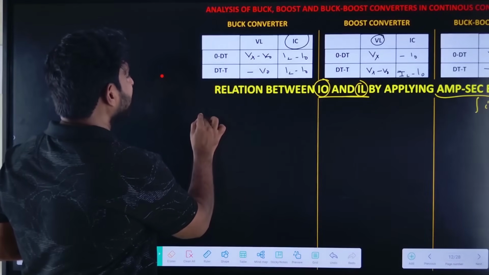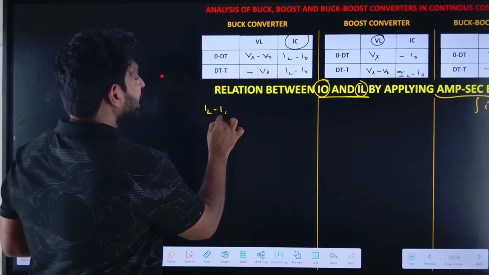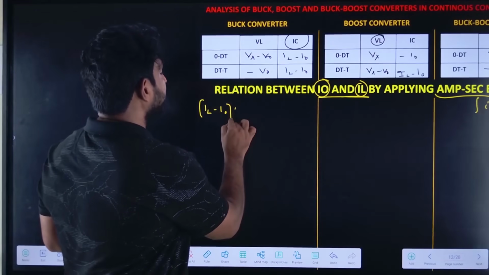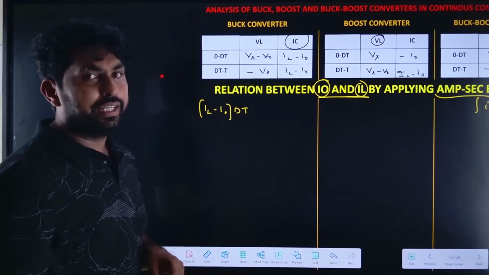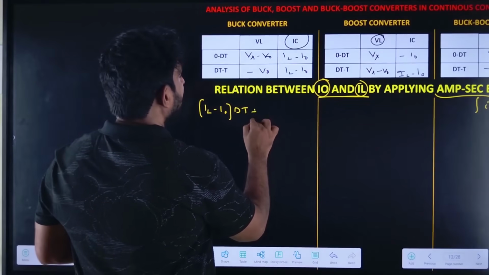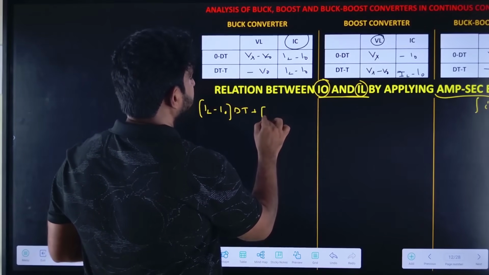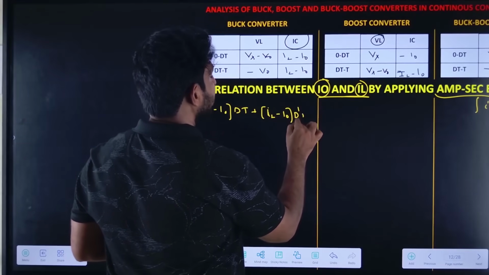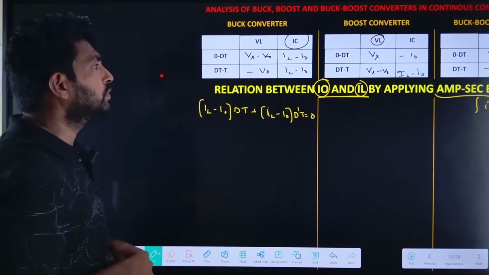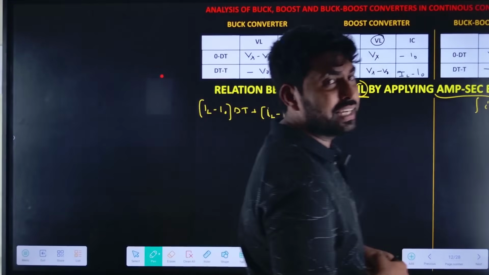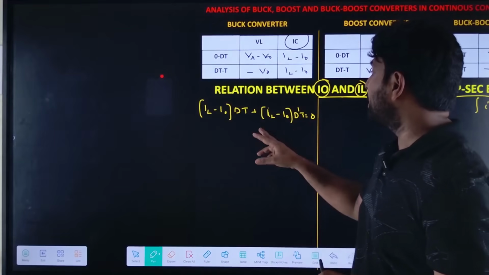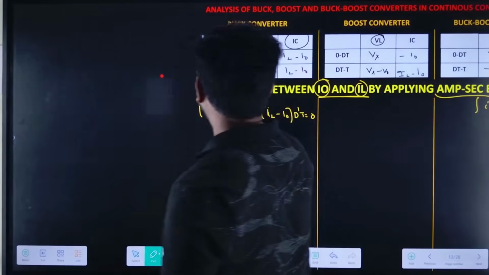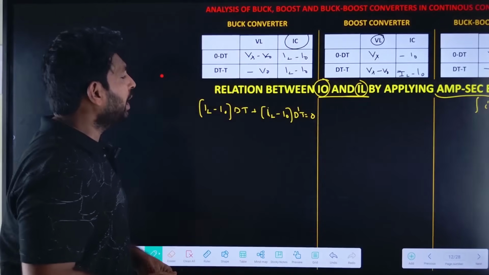So let me take the average values here. IL minus I0 into dt plus IL minus I0 into d dash, which is equal to 0. In both cases it is IL minus I0.